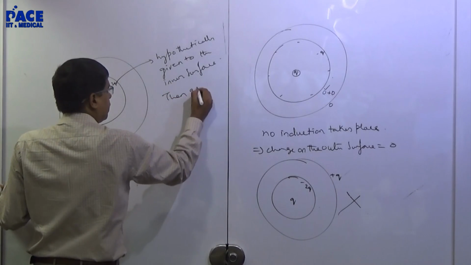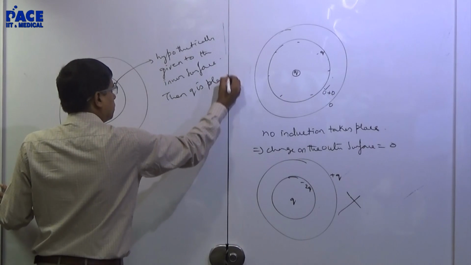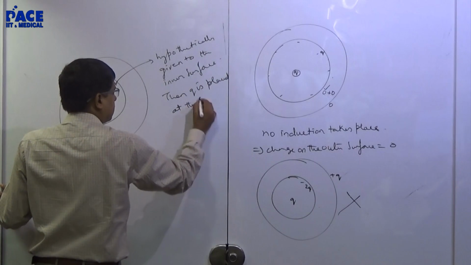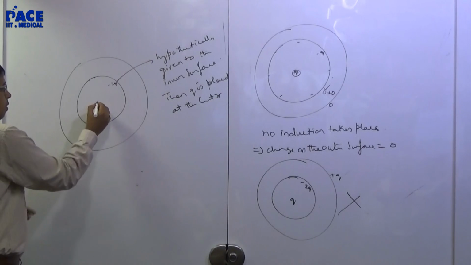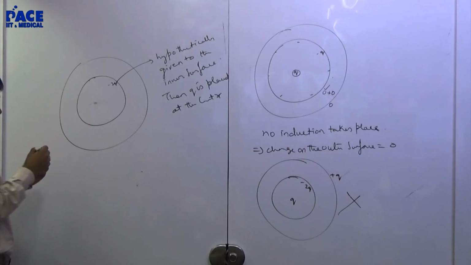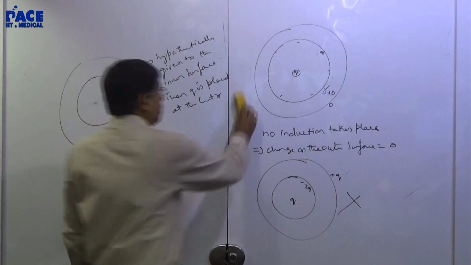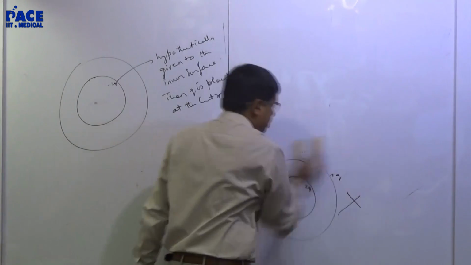Then q is placed at the center. Now what will be the final charge distribution?